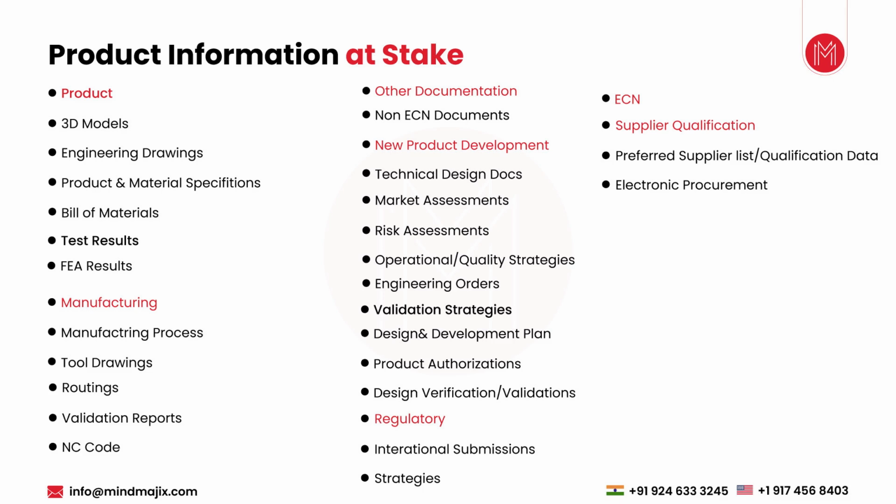Then manufacturer related information: the manufacturing process, its drawings, its routings, the validation reports, and the conventions they follow in the manufacturing process. Also quality information: quality plans, operation procedures, and standards. All these need to be managed, and they are at stake if we are not organizing them in an efficient manner.